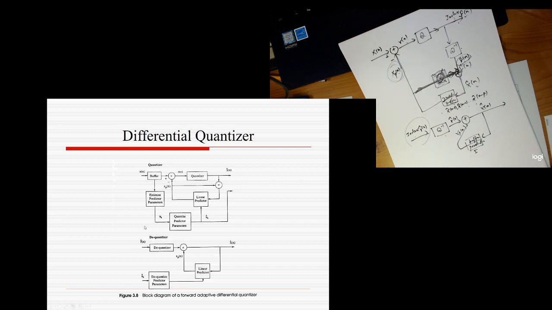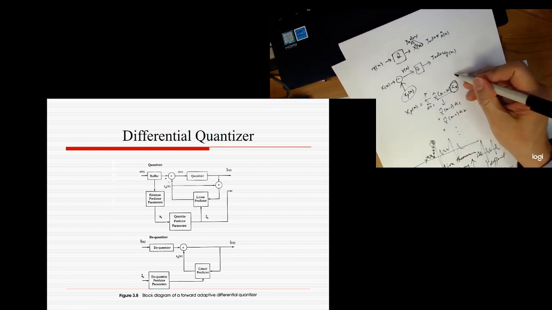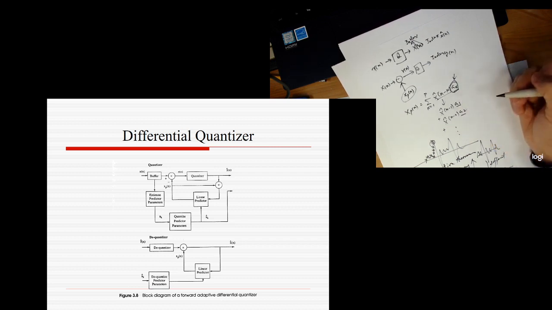So we are trying to do the prediction, to get the parameter A of k. Because this one is forward adaptive, we have to quantize it, because A hat of k goes through the channel as an index. It tells the decoder how to get the coefficient. In the encoder, based on the original data, we try to estimate the best one.